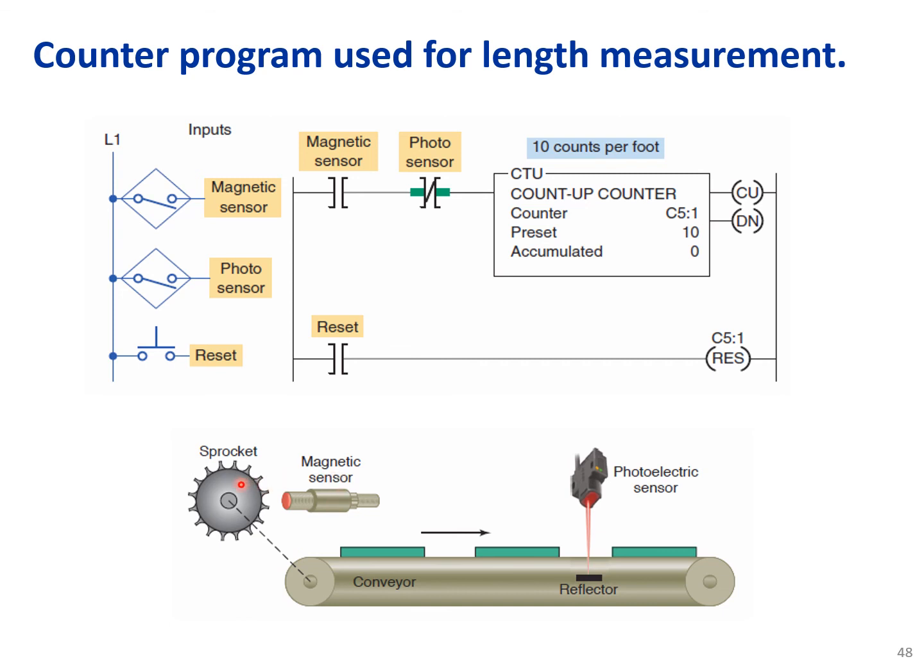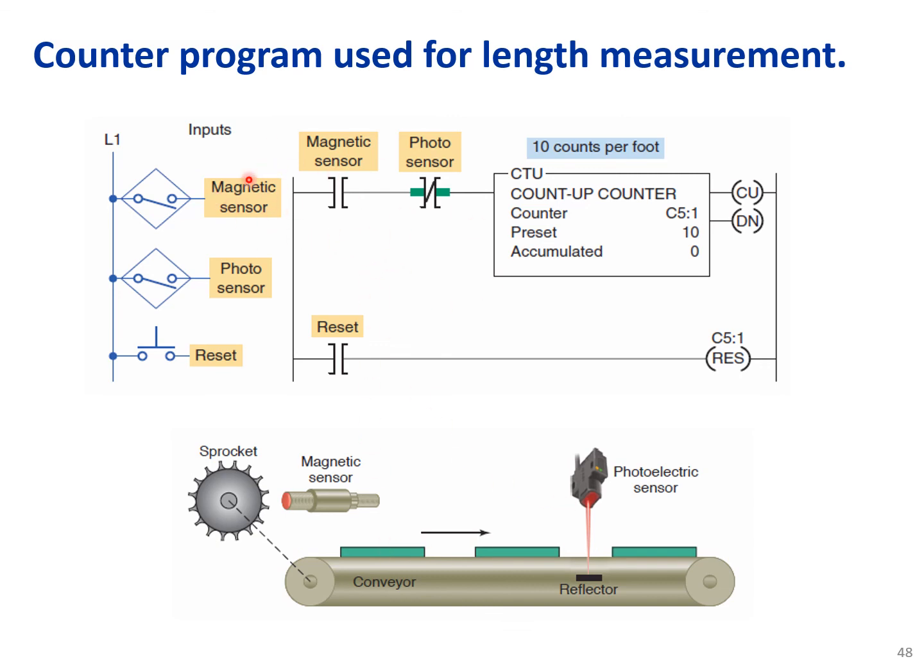Let's say the speed of the motor is constant. By counting the number of pulses coming from the sensor, we could measure the lengths of the parts. This is what we are doing here in the program.